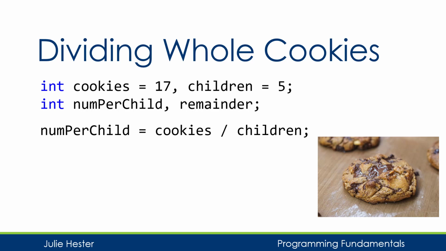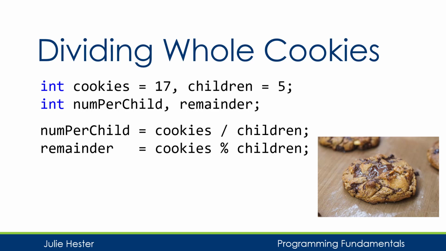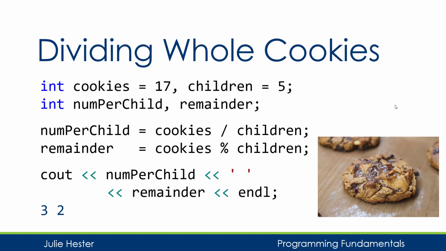But how many cookies were left over? I'm going to repeat that operation, but I'm going to use a different operator. I have the same operands, cookies and children, but this time I'm using the modulo operator. And what I'm going to get now is an answer of 2. So what that's going to tell me is that if I have 17 cookies and 5 children, then I can give each child 3 cookies, and I'll have 2 cookies left over.